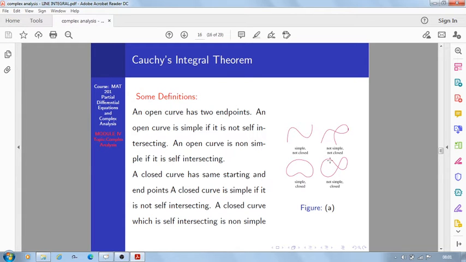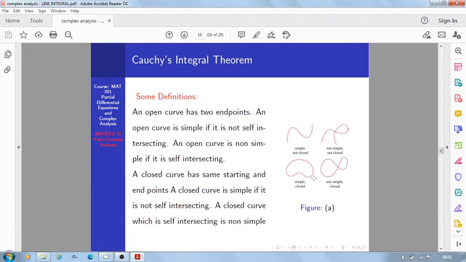You can reach the initial point, the point where we start moving through this curve. So it is closed, but it is not simple as it intersects at this point. So a simple closed curve is one which does not intersect itself.